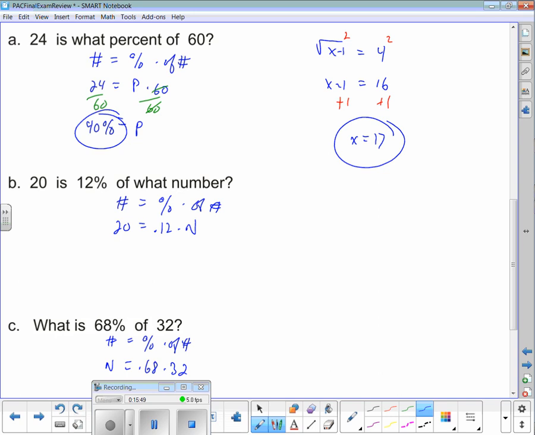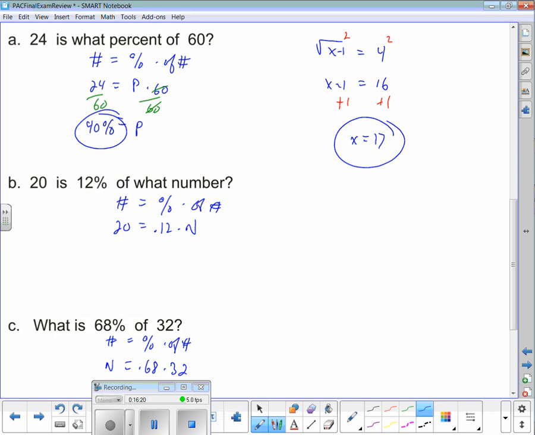That is the solution, and that is the answer. Number equals percent times the of number. Percents are always in decimal form in the formula. Move the decimal point 2 places to the right, or multiply times 100, and you get 40%.